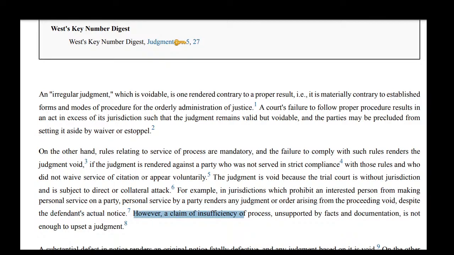However, a claim of insufficiency of process, unsupported by facts and documentation, is not enough to upset a judgment. So claims are not as good as actual evidence. And if a party makes personal service, then that's considered void.